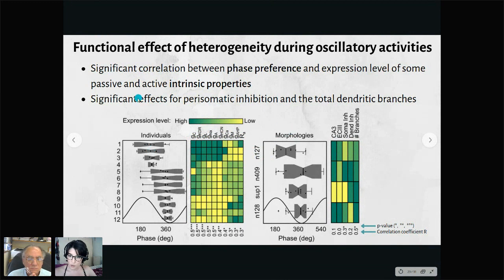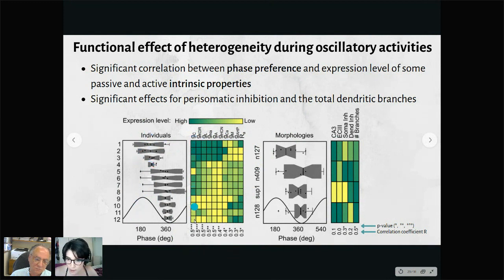What we saw after comparing the different preferred phases with the different factors is that there is a significant correlation between the phase preference and the expression level of the intrinsic factors. We can see, for example, the C potassium ion density channel: the higher its expression, the nearer to the peak the preferred phase is.